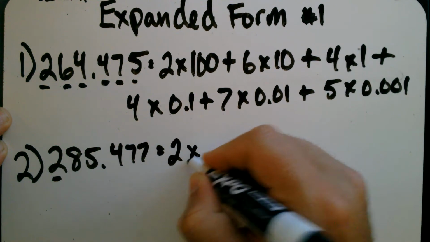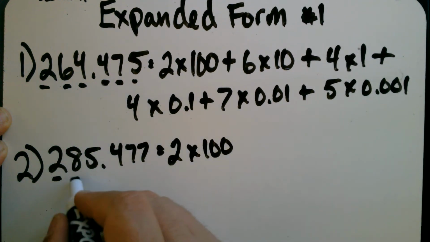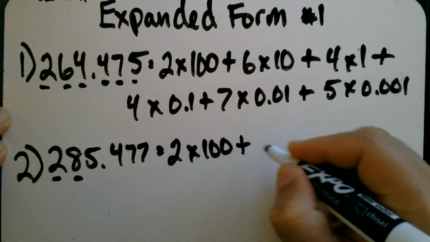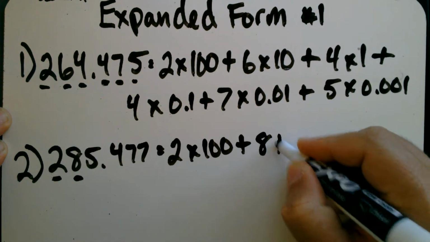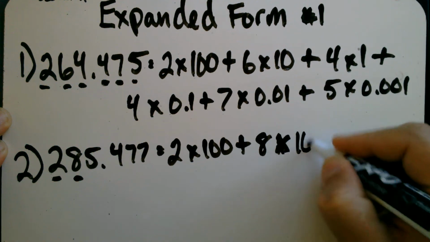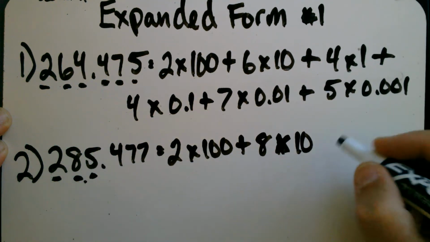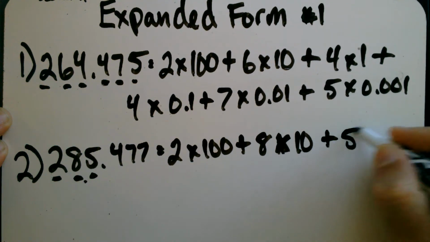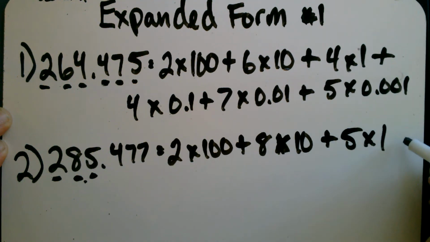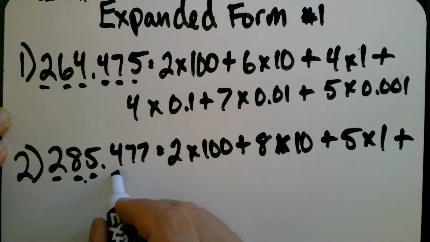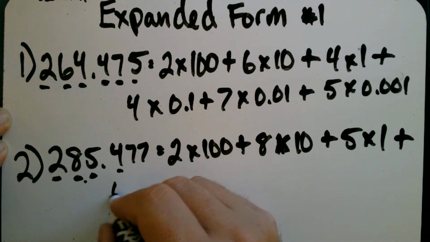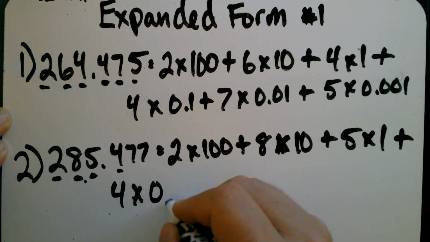All right, so actually the same value for our hundreds place. So 2 times 100. And then for our tens place, plus 8 times 10 for our 80. Then our ones place is a 5, so plus 5 times 1. And I'm going to go ahead and skip down again. 4 for our tenths place, so 4 times 1/10.